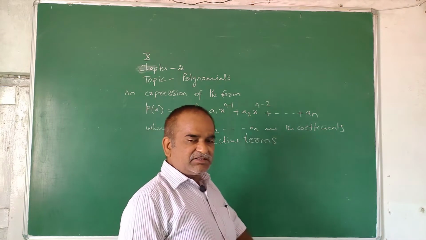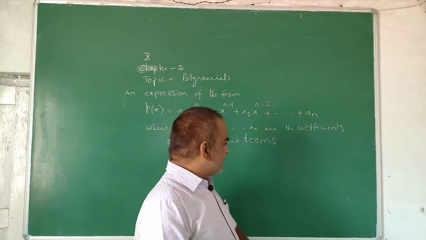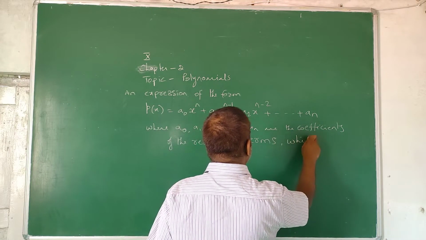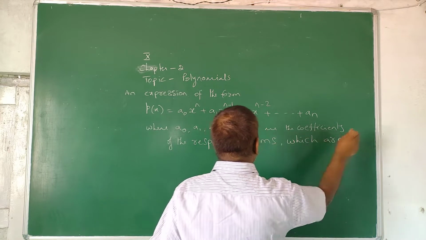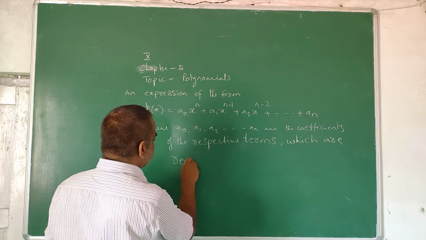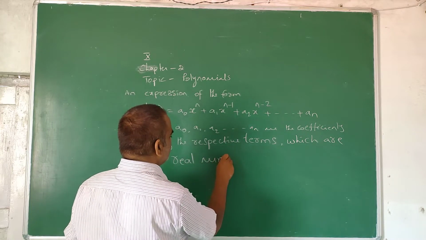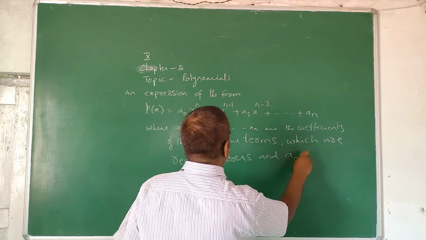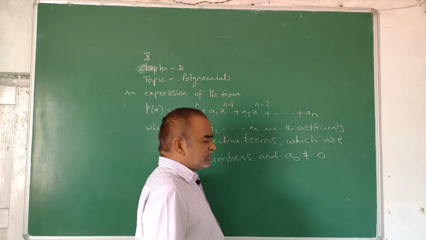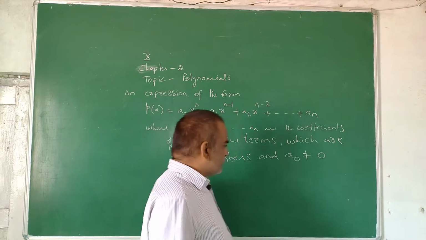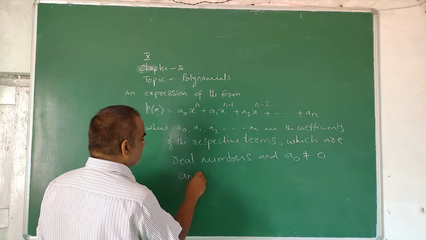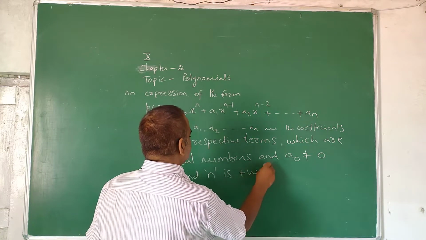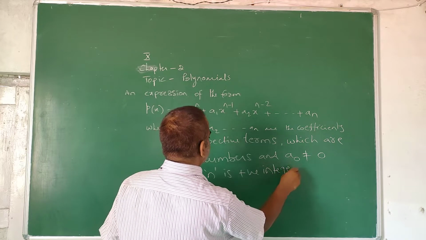These are coefficients of the respective terms and these are real numbers. And particularly a naught should not be 0. The leading coefficient should not be 0 and n is a positive integer. So, this is the definition.